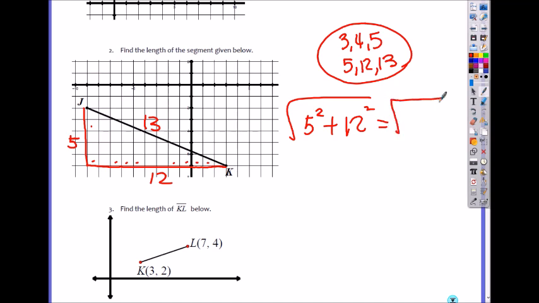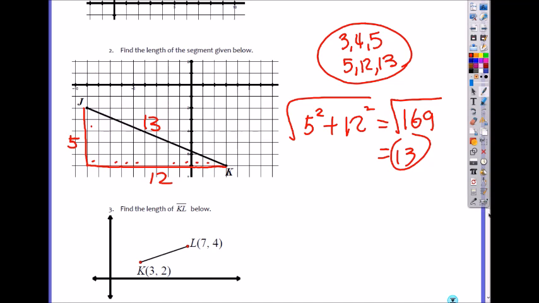What's the square root of 5 squared plus 12 squared? 169. What's the square root of 169? 13. So again, these two are commonly used. Just memorize them. 3, 4, 5 is easy. 5, 12, 13. It's not too bad.